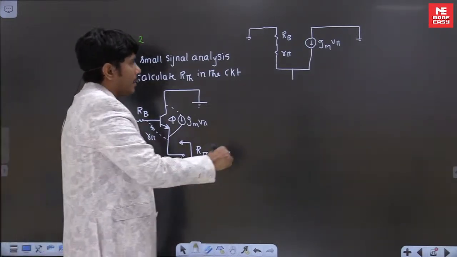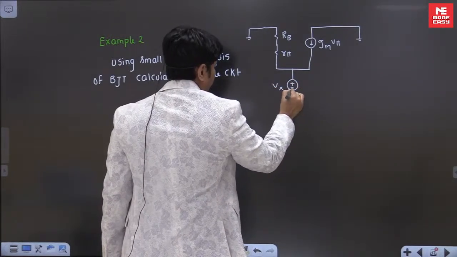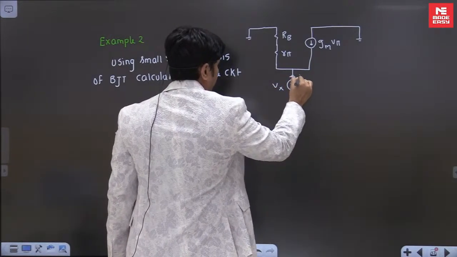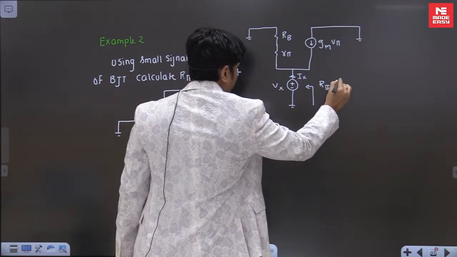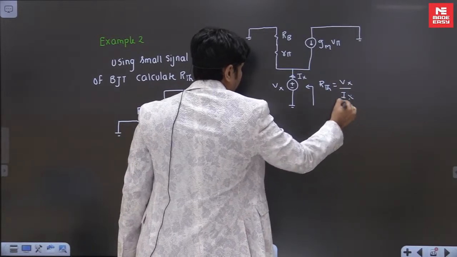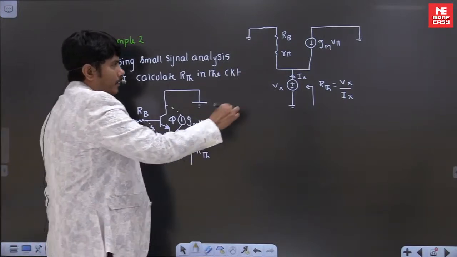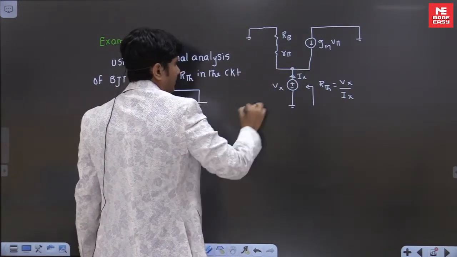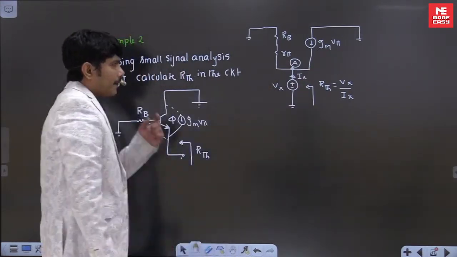You can see we'll take a testing voltage Vx here, and we'll take the current as Ix. The R Thevenin seen from here is Vx by Ix. We'll apply only 2 steps to finish this answer. One step is, suppose you have a point A here, we'll apply KCL.